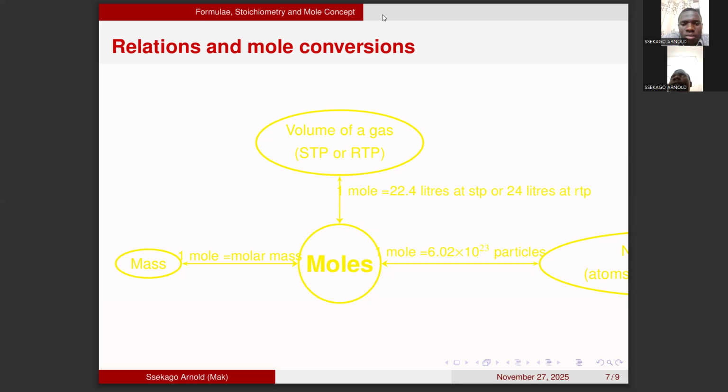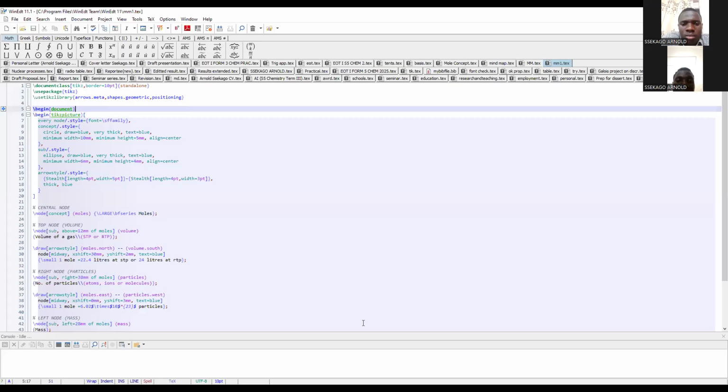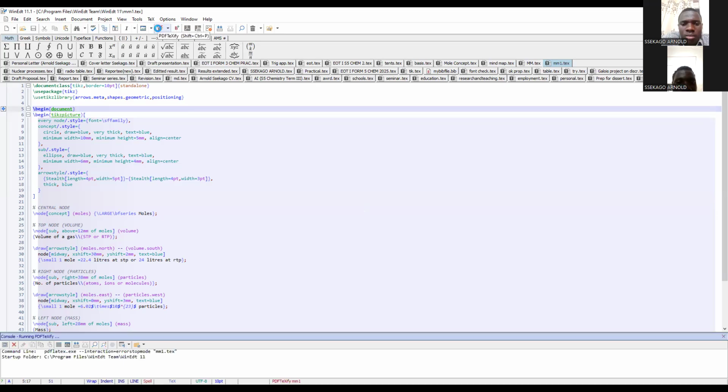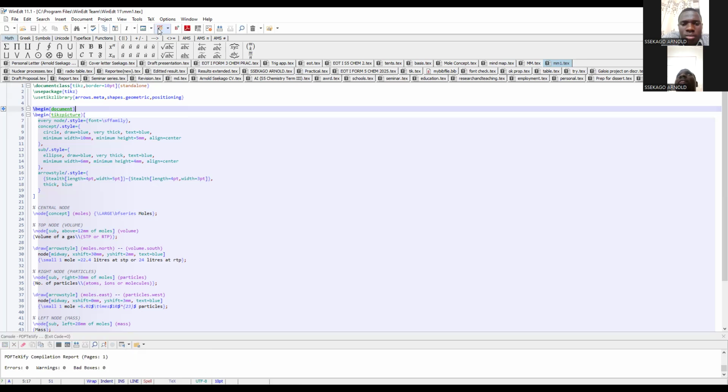Where is it? I think it is here. Hope my screen is visible. Are you really seeing this? Let me run these codes and see what will be the outcome. So we are going to look at conversions that are essential in this chapter.